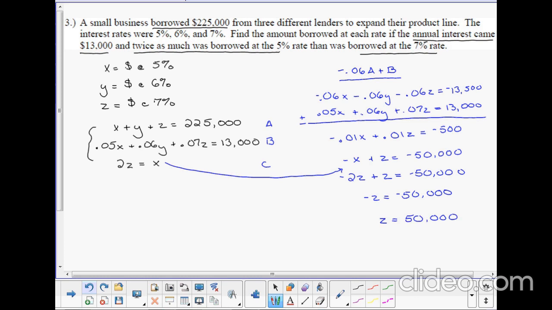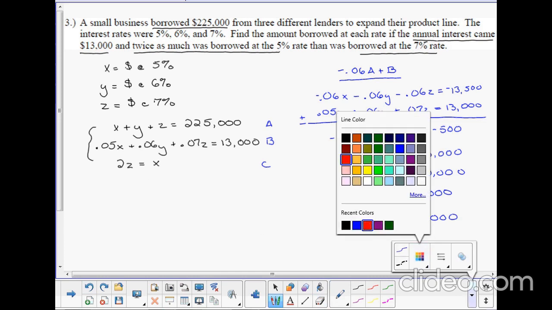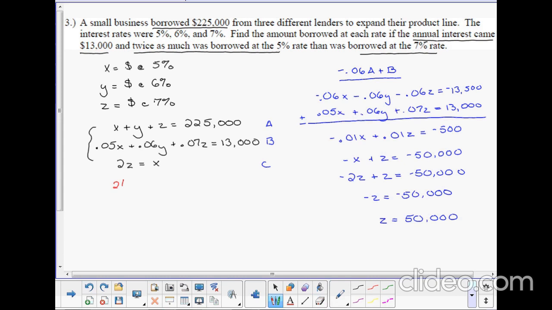That gives me a solution. Now I can use this to come up with other solutions. So I'm going to take this 50,000 and substitute it in over here to solve for x. So if I do that, I would get 2 times 50,000 equal to x. So x is 100,000.